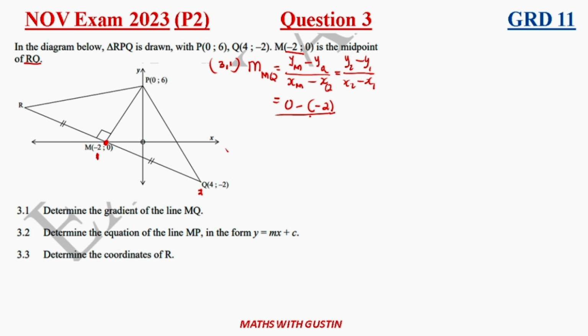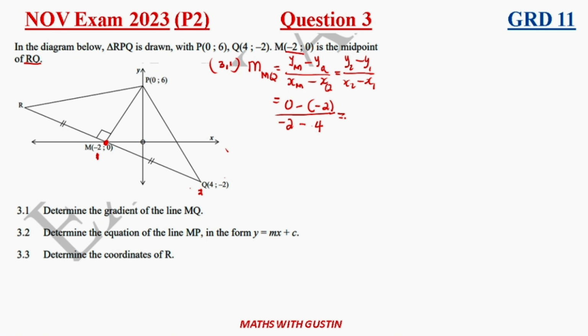There you go. And then the x at M is -2 minus the x at Q, which is equal to 4. Great stuff. Let me double check here. The y at M is 0 minus that, and then the x at M is -2 minus 4.